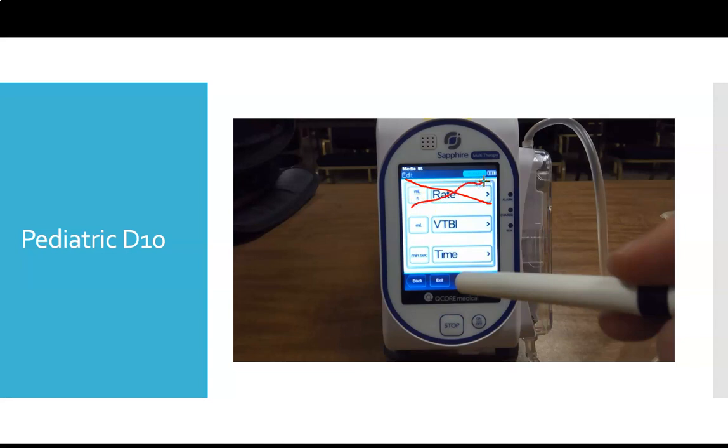Do we know our total volume to be infused? Now, keep in mind that when we were doing our drips, for our total volume to be infused we gave the size of the bag because the pump was doing that math for us, and we entered in a rate. This time, we don't know the rate, but we do know how much we want to infuse.